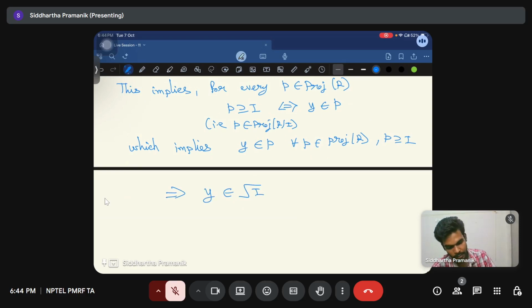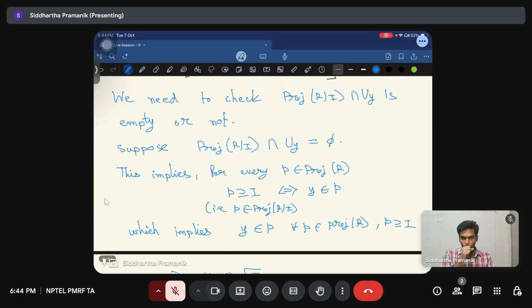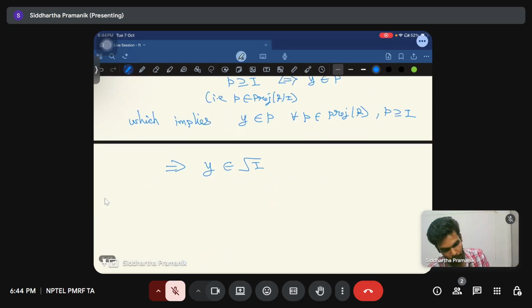Now what is radical of I? Now our I is just x minus y. So this is a prime ideal. Why is this a prime ideal?